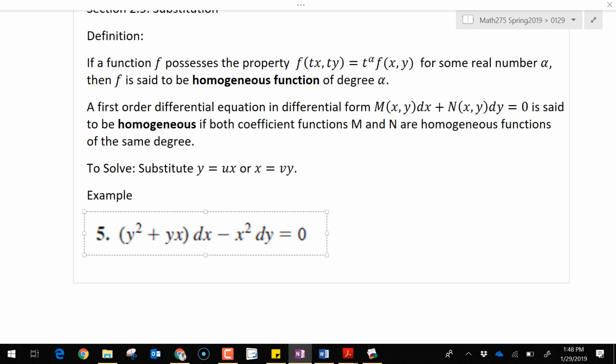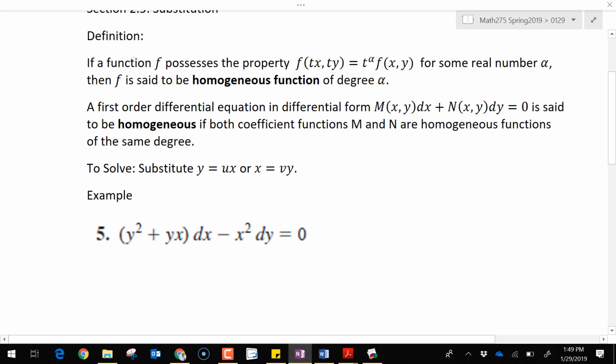So we have to show that it's homogeneous of the same order, and the way to do that is to check each of the functions by putting in t times x and t times y.